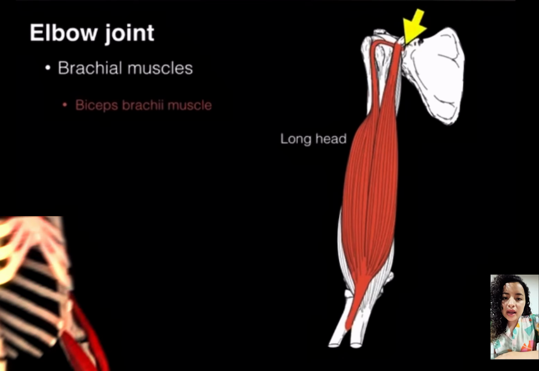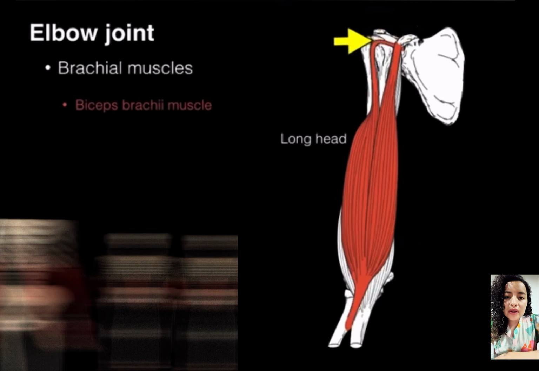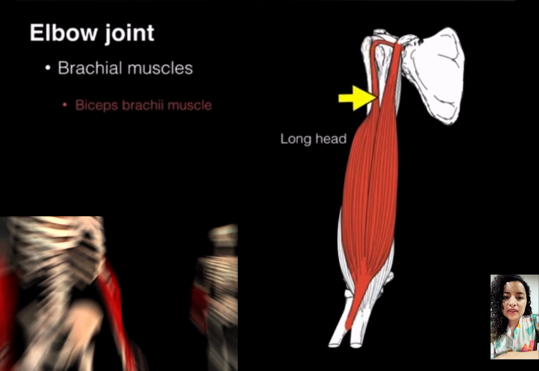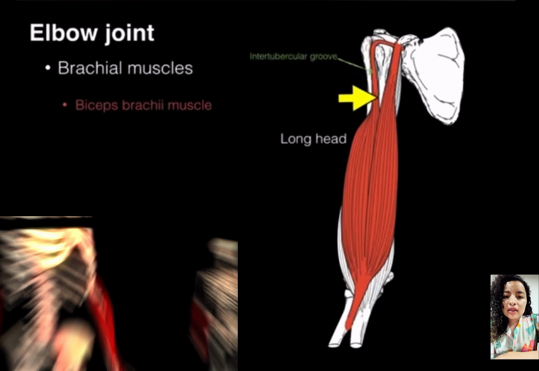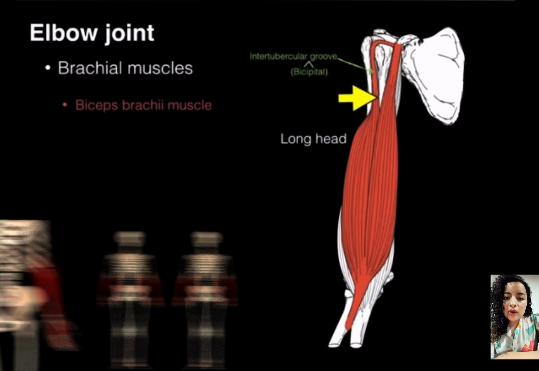The posterior brachial muscle is the triceps brachii, and this muscle extends the elbow and is innervated by the radial nerve.